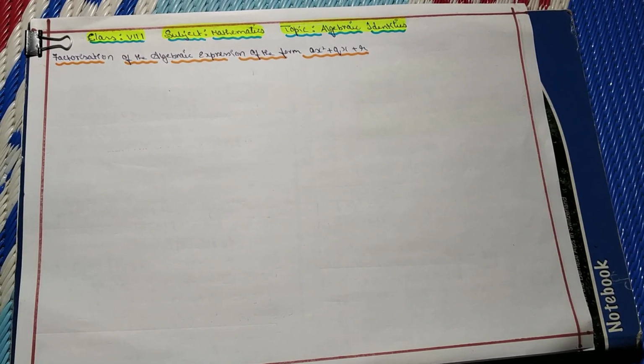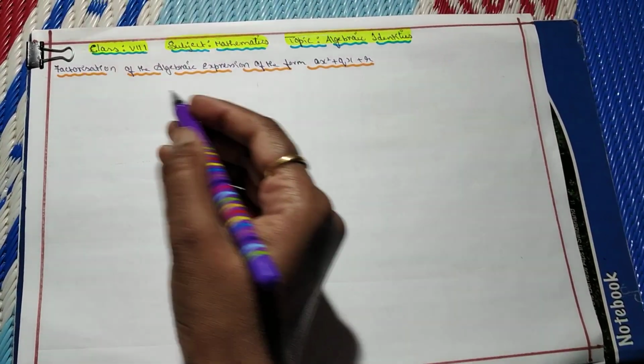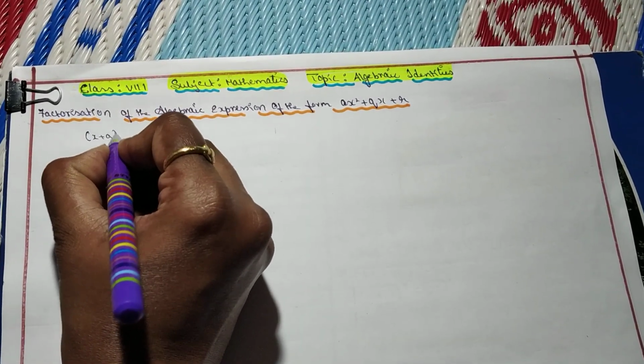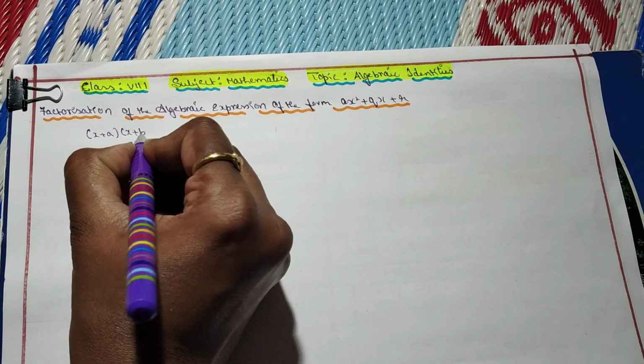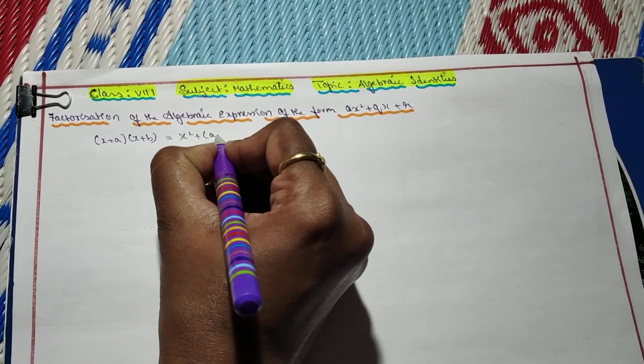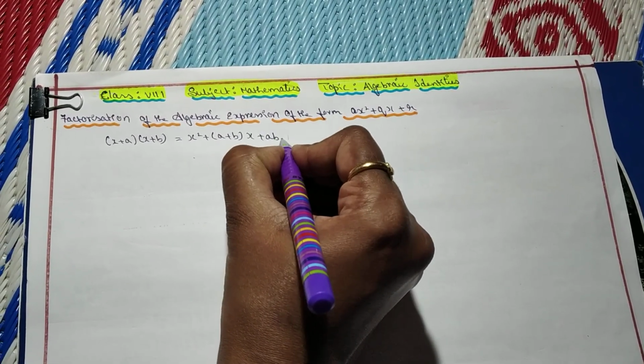So today we are going to deal with the factorization of algebraic expressions which are of the form ax square plus qx plus r. This is solved by using the algebraic identity, that is (x plus a) into (x plus b), which is equal to x square plus (a plus b) into x plus ab.